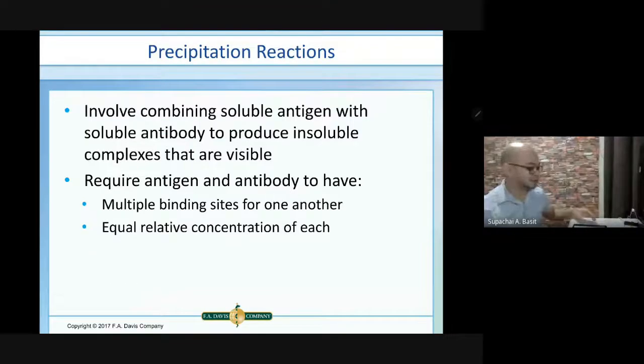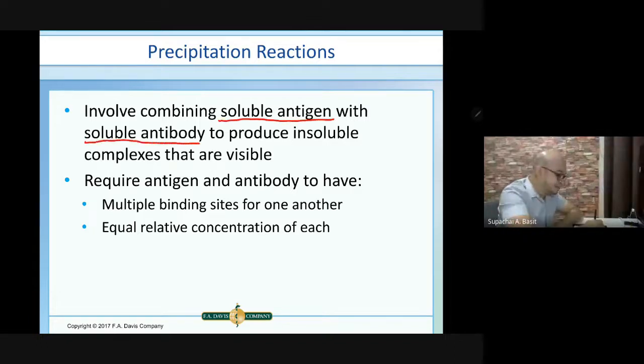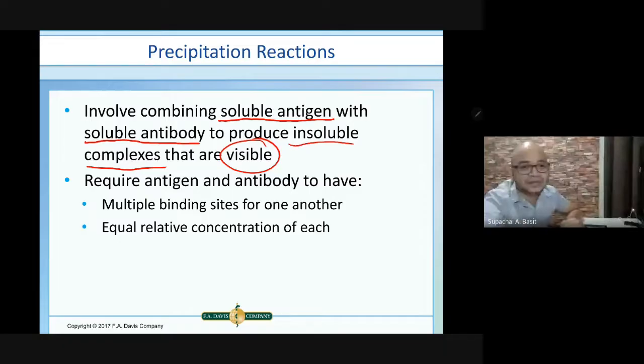Okay, so let's discuss first the precipitation reaction. Precipitation reaction involves combining a soluble antigen with a soluble antibody to produce an insoluble complex that is visible. So take note of the term soluble.